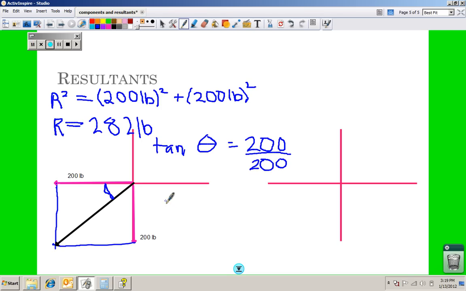And so theta is going to be equal to the arctan of that.